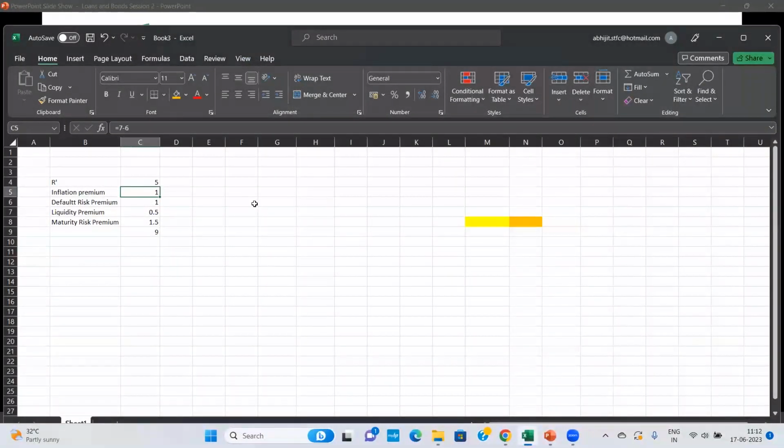It is 1. So 9% is the required rate of return. So when we say that this bank is charging 12% or 13% or 14%, these are the factors that affect most to decide a rate of return.